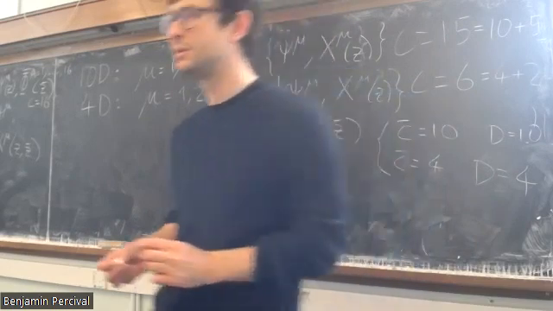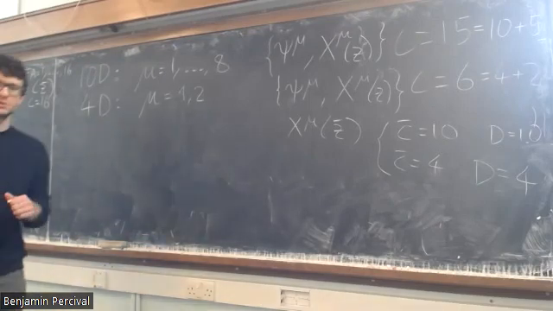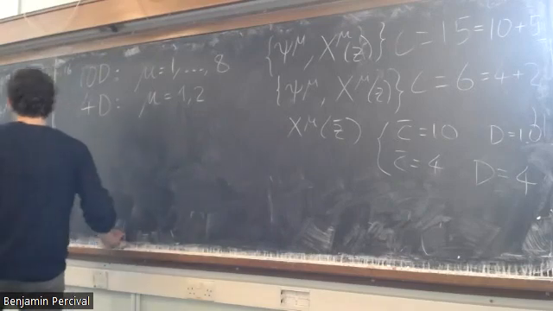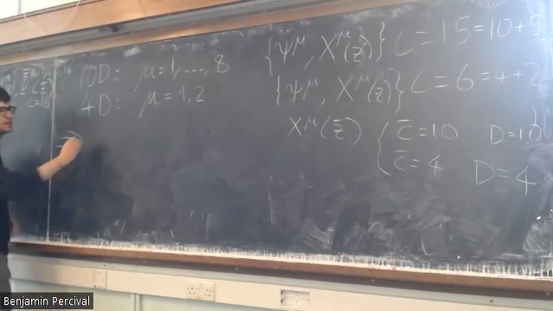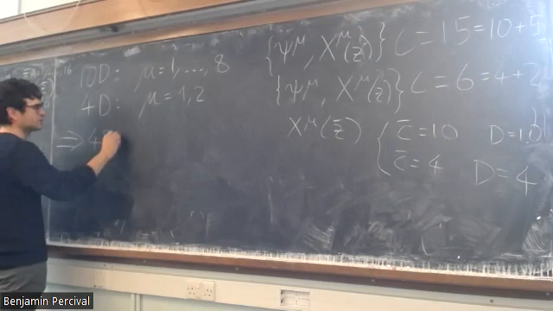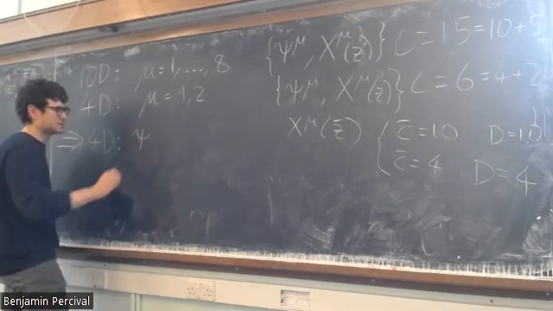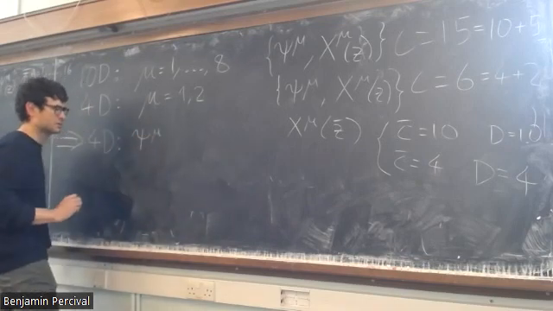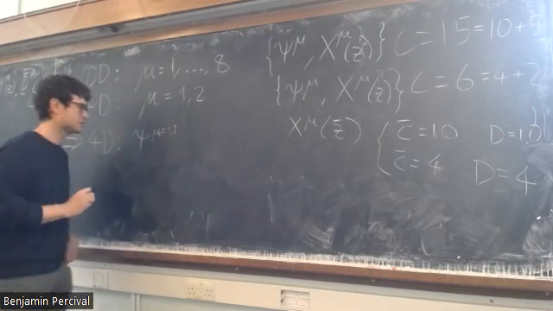Does that make sense? So what we've got now in 4D, let me write it here: we've got holomorphic fields psi mu, where mu is 1, 2.